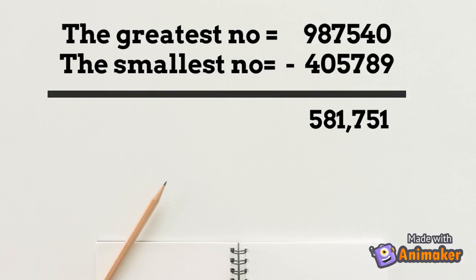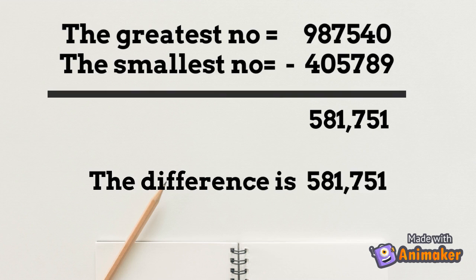After making the greatest number I got 9,87,540. After making the smallest number I got 4,05,789. It says you need to find the difference. Difference means subtraction. So after subtracting I got 5,81,751.